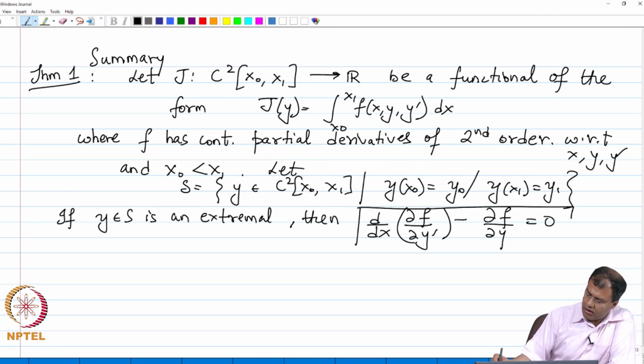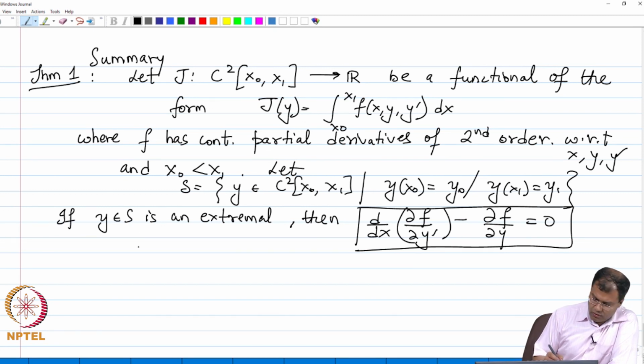Again, this is the most important result, which we are going to look at in more depth over the next several lectures. So, let me call this our result 4.